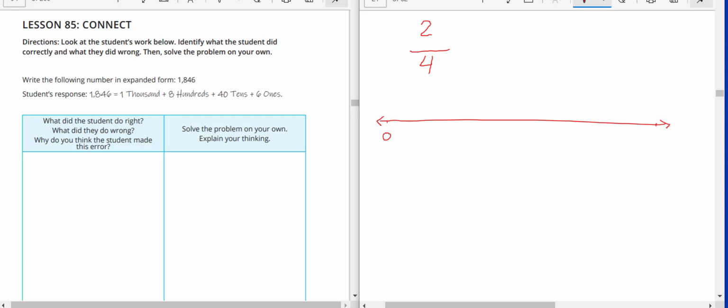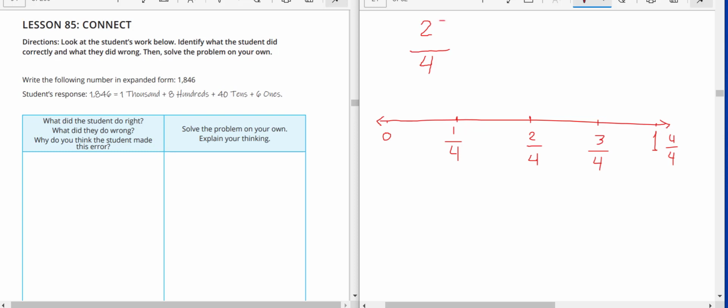0, 1. Divide this number line into 4 equal parts like this. First fraction, one fourth, second, 2 fourths, and 3 fourths and 4 fourths.